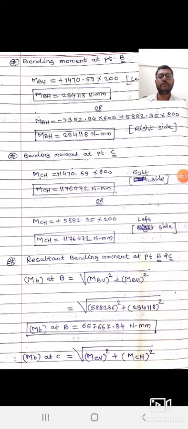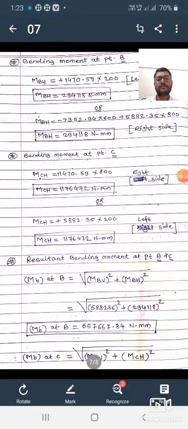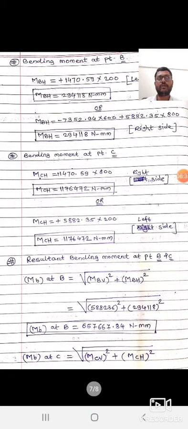We have already calculated the bending moments at point B for horizontal and for vertical loading, and by putting the values and evaluating the equation we can get the answer for bending moment at point B equal to 657,667.84 Newton mm.